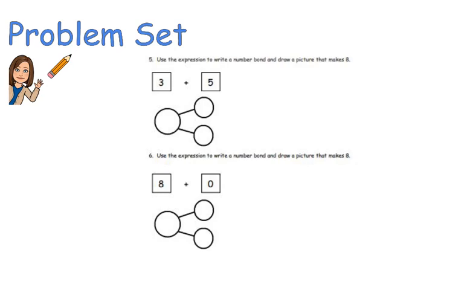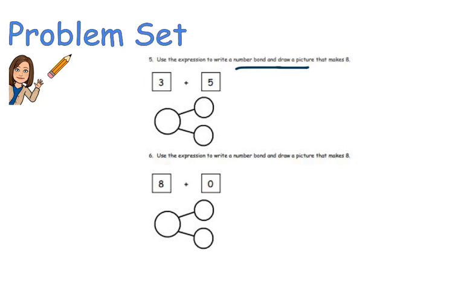So let's see. It says 3 plus 5. Okay. So we need to make a number bond and draw a picture.